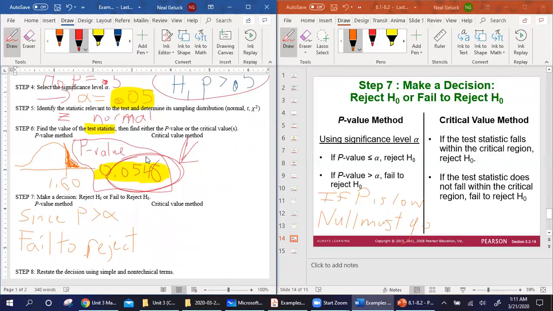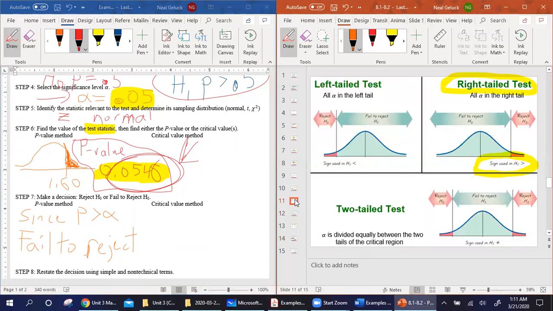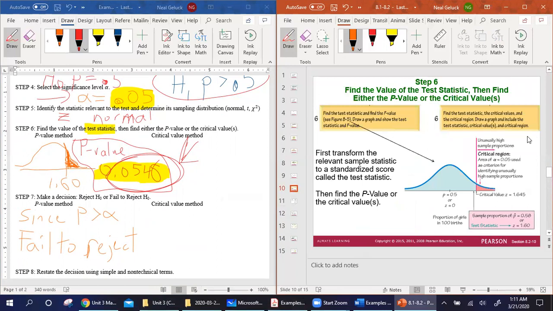Another way to get to the exact same conclusion is to use the critical value method. The critical value is the number that cuts off the region that has the significance level alpha.